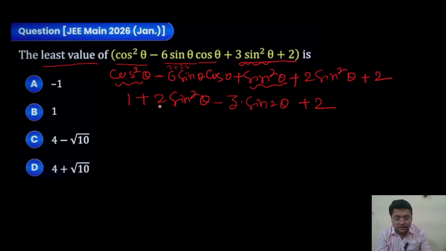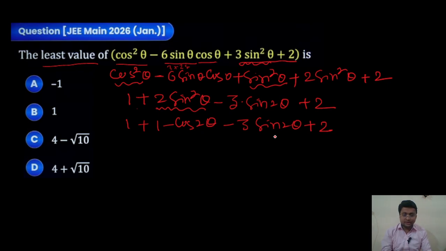You just simplify here. So 1 plus 2 sine square theta can be written as 1 minus cos 2 theta, so 1 minus cos 2 theta minus 3 sine 2 theta plus 2. So now simplify: 1 plus 1 is 2, and 2 is 4.